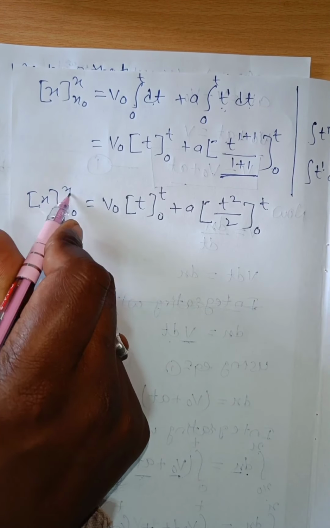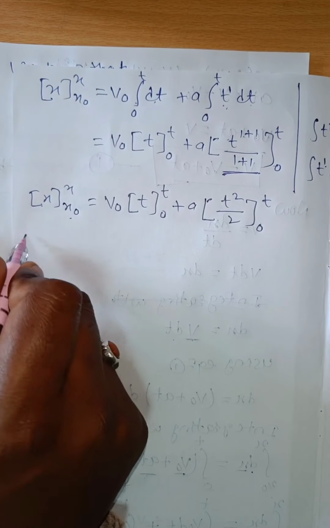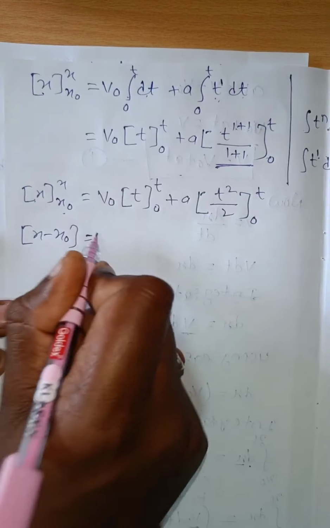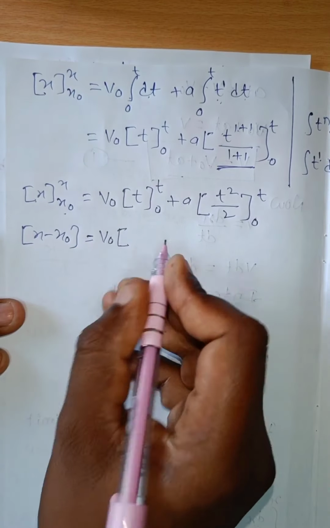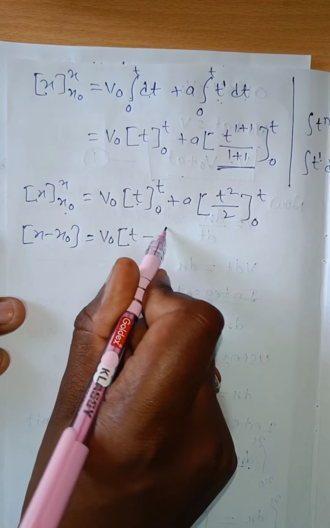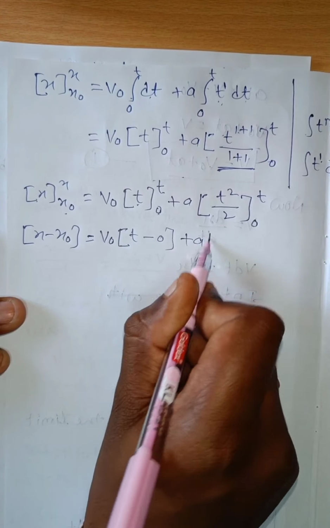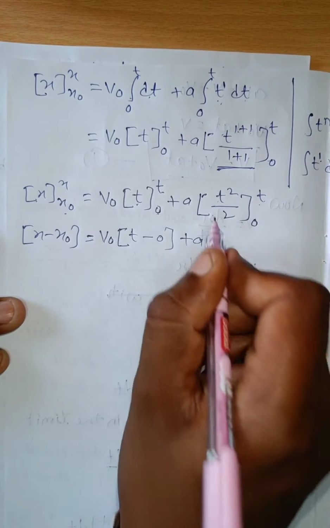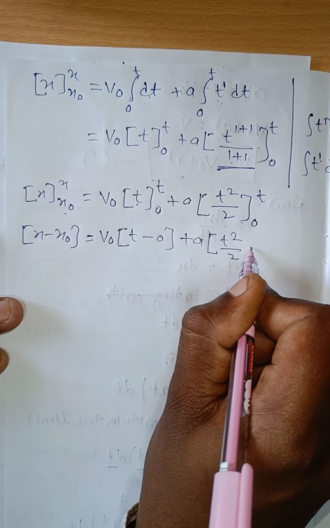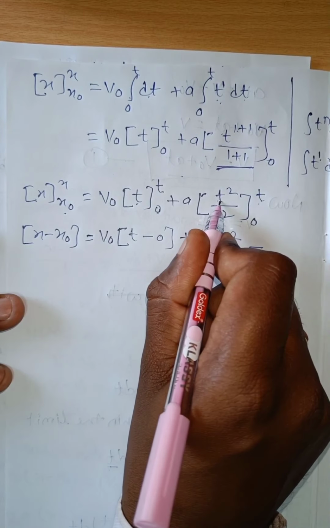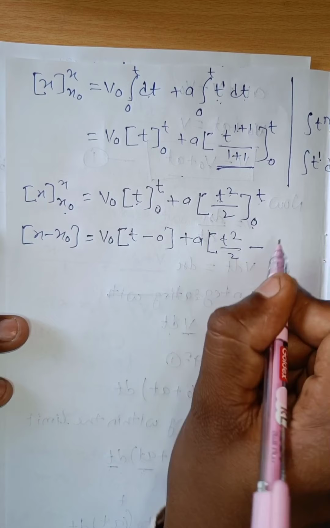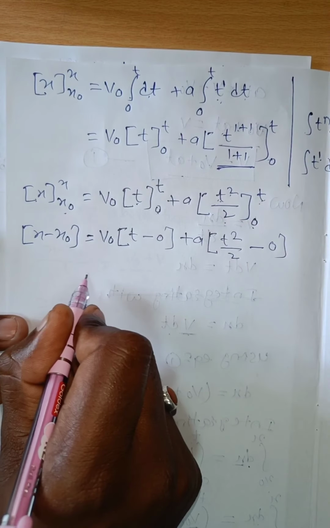Then we put upper limit minus lower limit: x minus x naught is equal to v naught times t minus 0, plus a into t square by 2 minus, in place of t we put 0, 0 square is 0, 0 divided by 2 is 0.